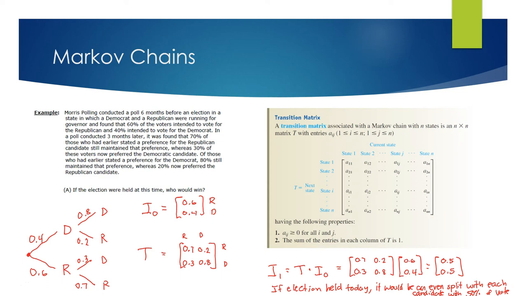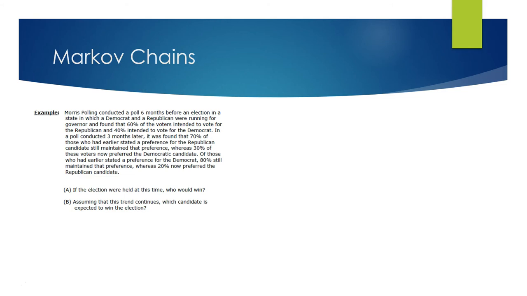Now for part B, assuming that this trend continues, which candidate is expected to win the election? Since this is another 3 months, and for the trend to continue you have to make sure that the period of time is the same.